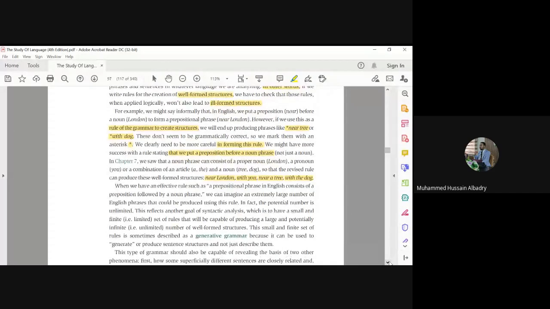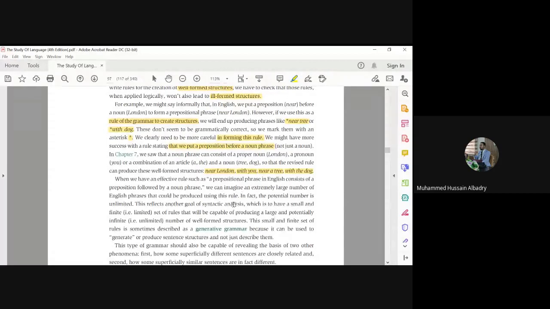Here we have other examples about making rules of grammar. This reflects another goal of syntactic analysis, which is to have a small and finite set of rules.